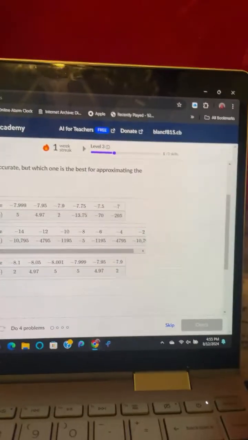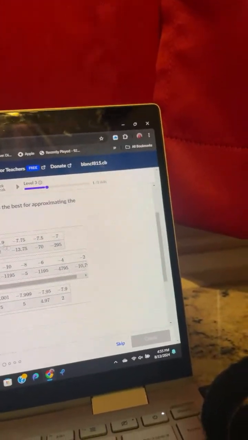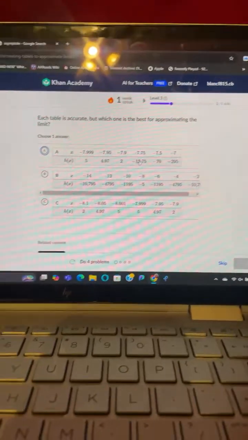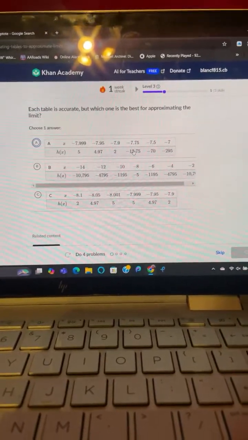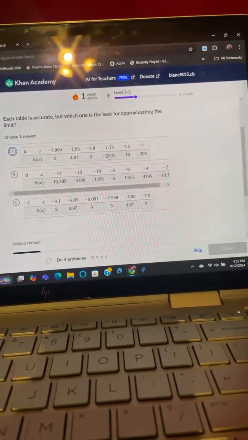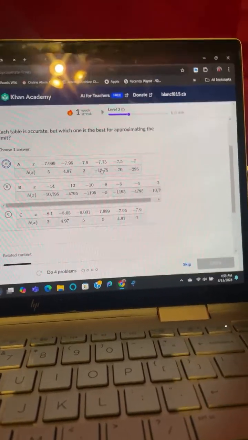This one only approaches it from one end, the right side. This one doesn't really approximate. It approaches from both ends, but it establishes concrete actual values.